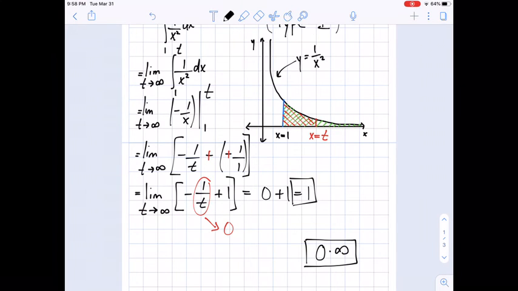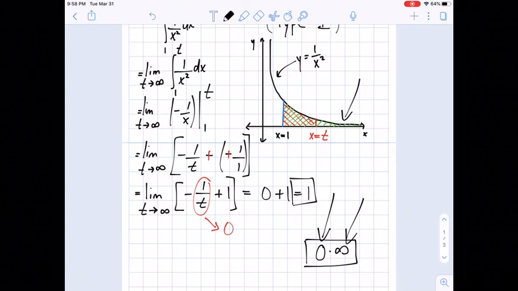We know that the base width is going to be infinitely large, however we also note that the height is going to be approaching 0, and what there turns out to be is a struggle between the two of them. Ultimately, the question is, is this function 1 over x squared approaching 0 fast enough to cause this integral to not be infinite?